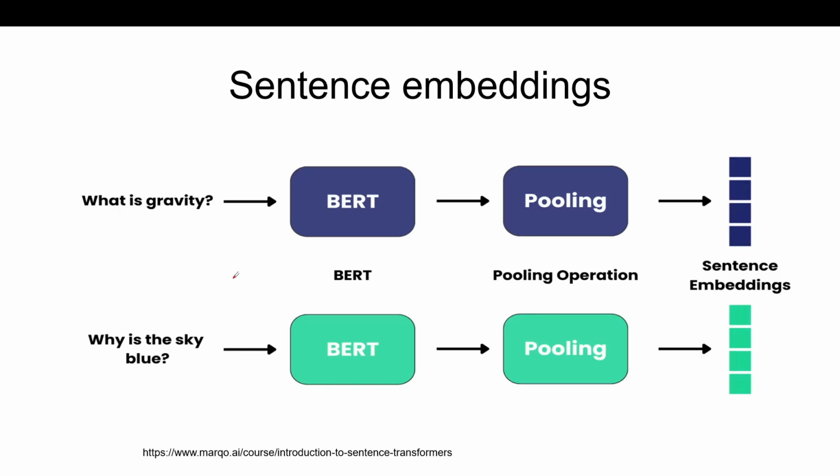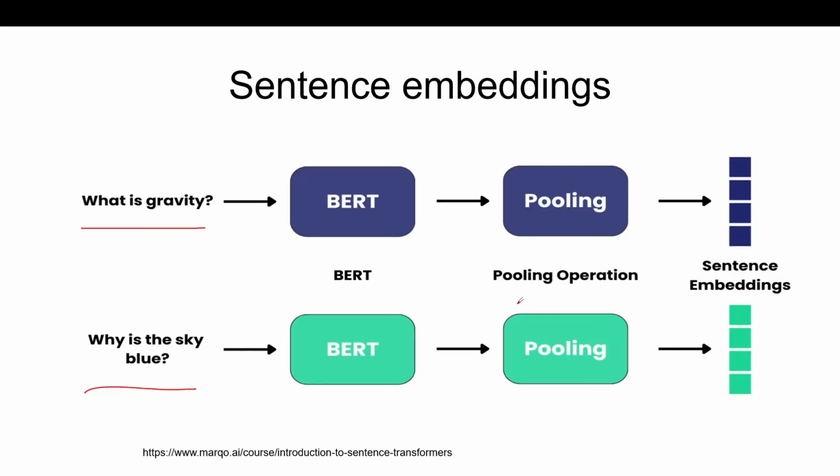Similarly, for sentence embedding, we use the same idea. First, we need a pair of sentences, and then we pass the pair to a model, in this case the BERT model.